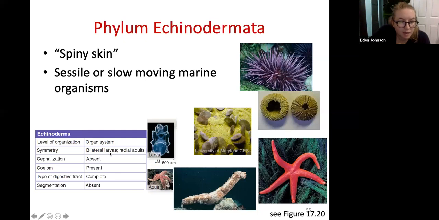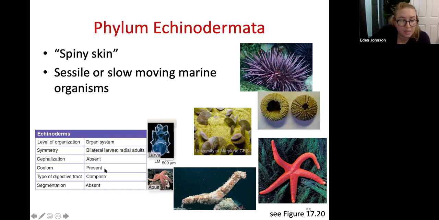And look, bilateral larva, radial adults. So here is your larva. We actually saw a picture of this when we went through the starfish life cycle. As an adult, it's got radial symmetry. As a larva, it's got bilateral symmetry.